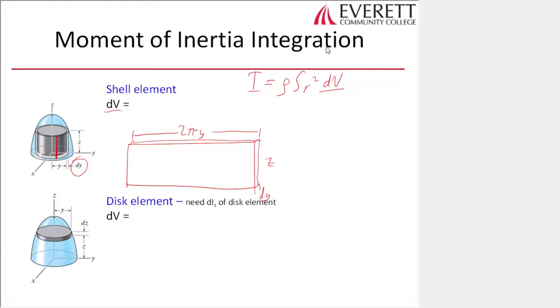Now, of course, with the volume, we're just going to multiply those together, and we end up with 2 pi y z dy. Okay, so a little tiny dv is going to be equal to 2 pi y z dy. What is going to be our r in this case?